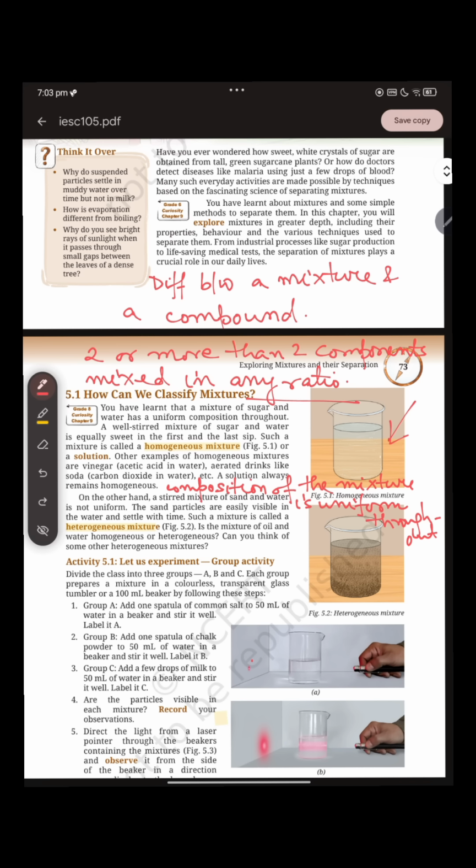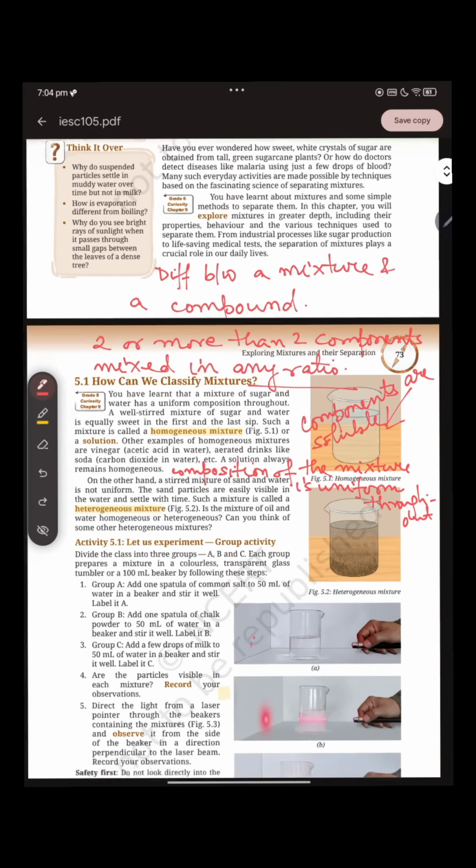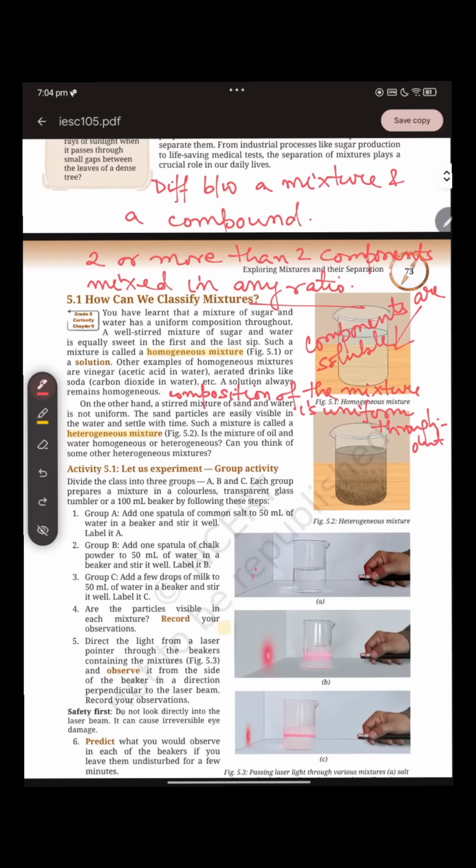Because I said the components are completely soluble, and so it forms a homogeneous mixture. You can take salt and water, you can take sugar and water, and you can dissolve it nicely, and then you will get a good example of homogeneous mixture where you are seeing that no particles are remaining undissolved.